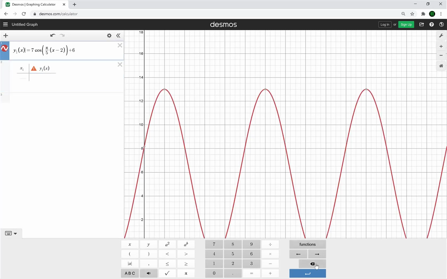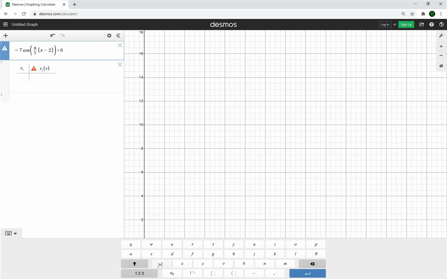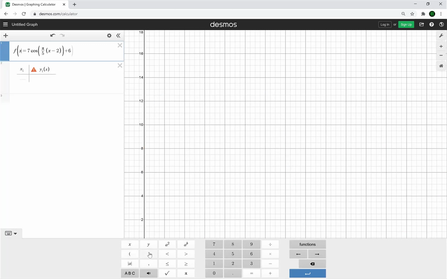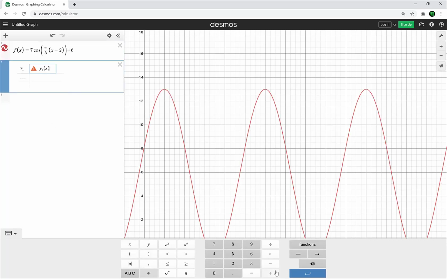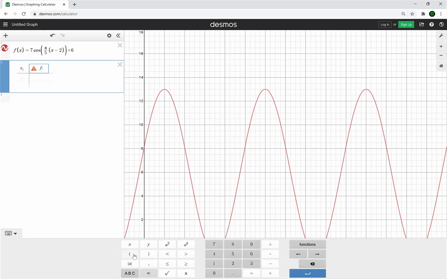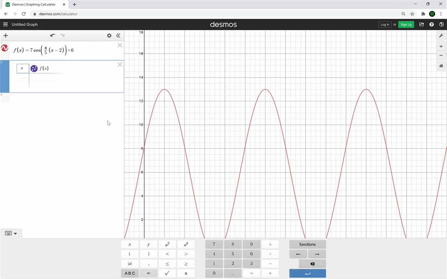Doesn't like it. Let me put f of x, guys. I don't know why it doesn't like it. F, and it's a function in terms of x. There we go. And let me clear this. Oh, I gotta click on this. Maybe this was the issue the whole time. Yep, that was the issue the whole time. Man, I could have left it. I did all that for nothing.